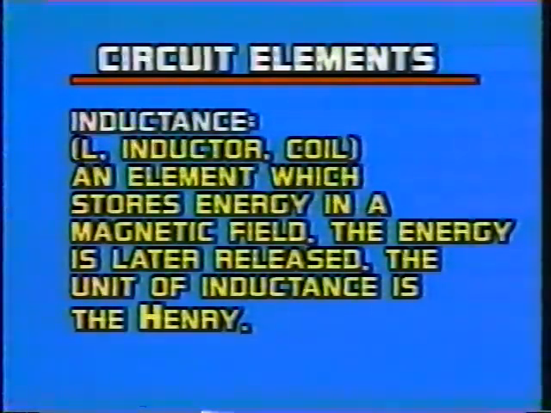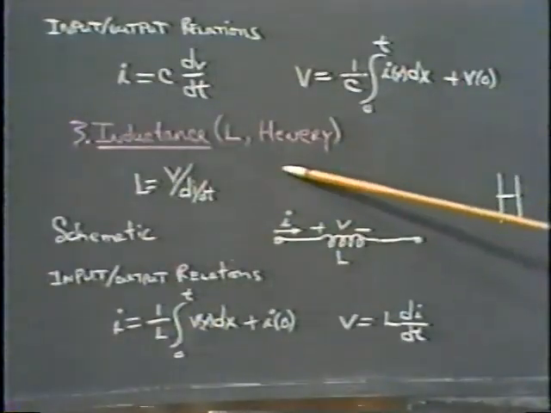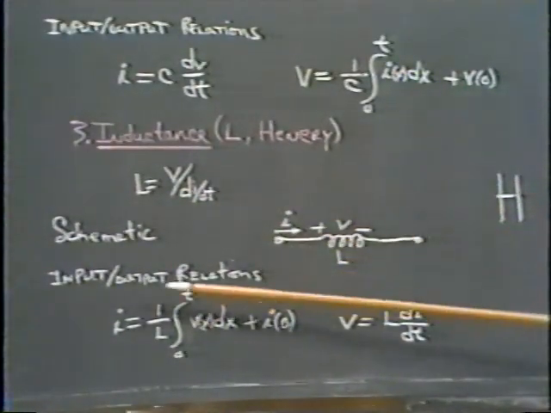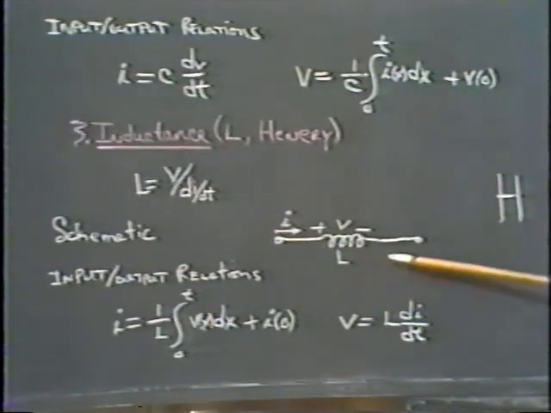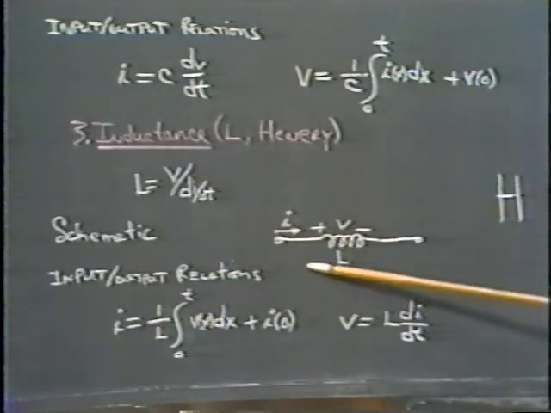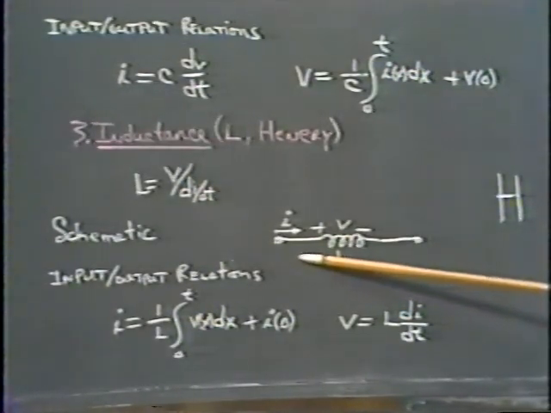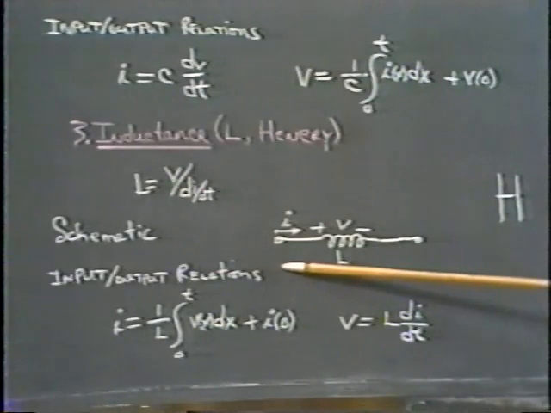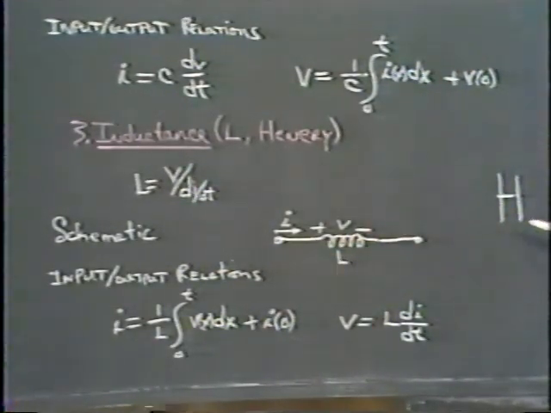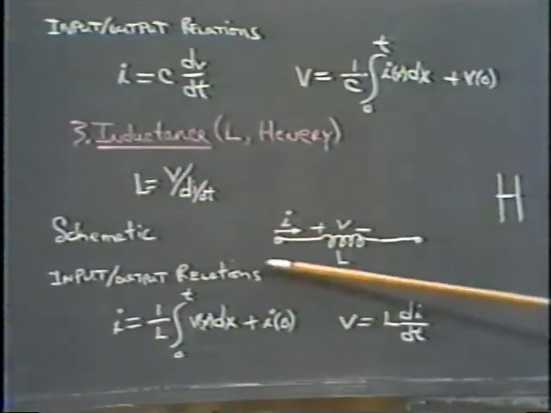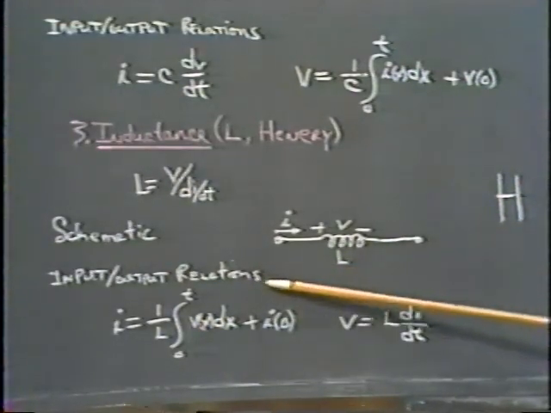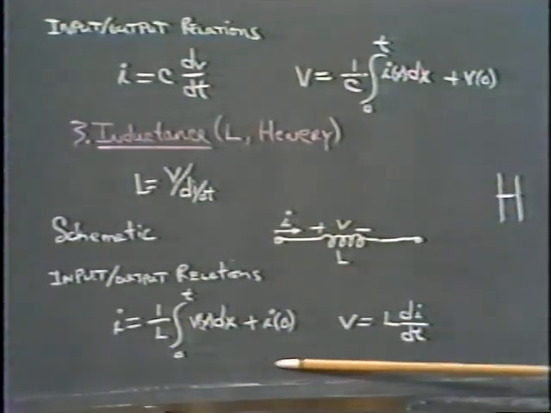We use the symbol L for inductance, and we'll measure inductance in henries. Our circuit schematic this time, shown here, with the normal polarity convention and its associated direction of current flow. We use the large symbol H for henries. And the thing that we're most concerned about, again, for circuit analysis, are the input-output relationships that apply to this device.